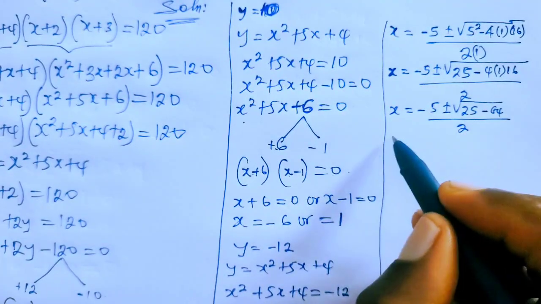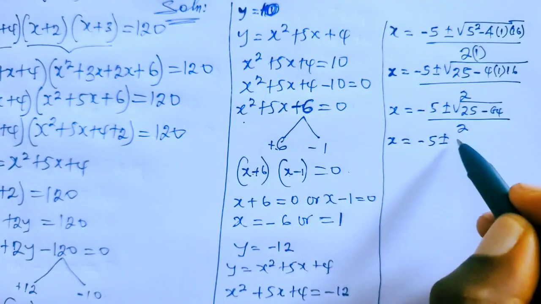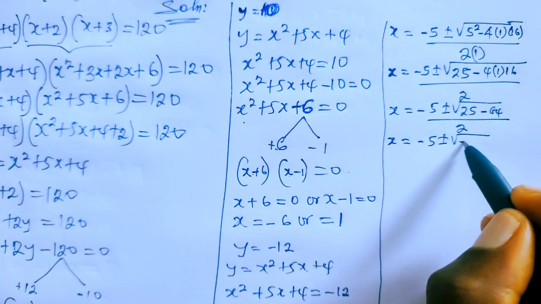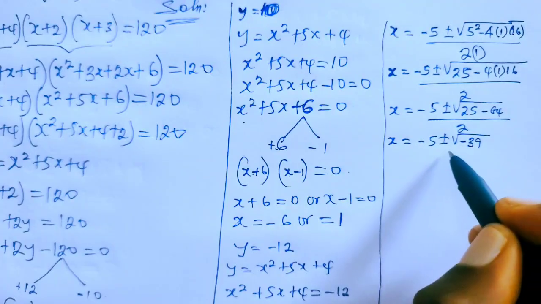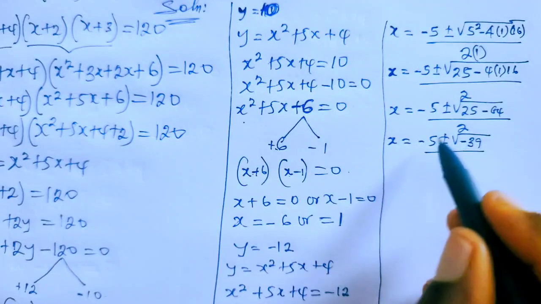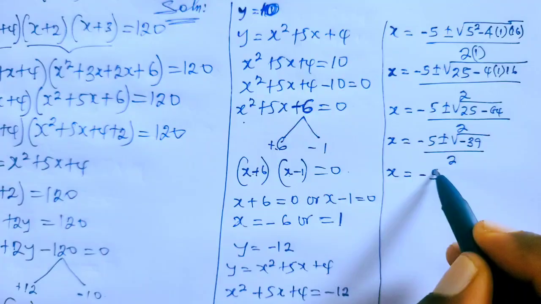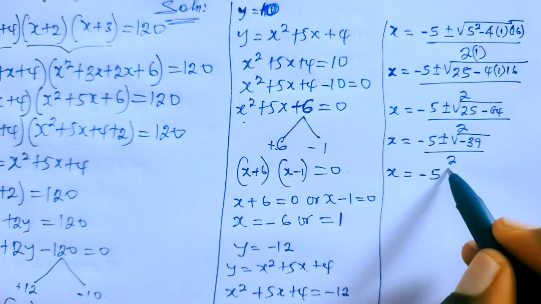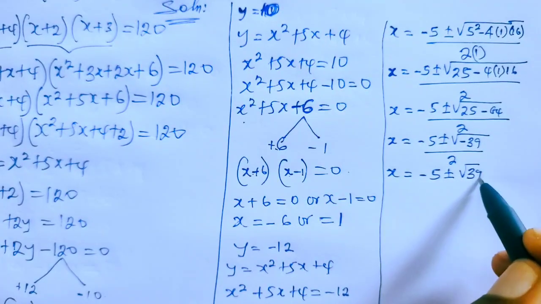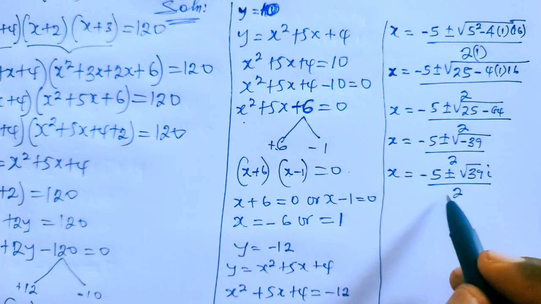Then x equals minus 5, plus or minus square root of 25 minus 64, that will give us minus 39, all over 2. This can also be expressed as x equals minus 5, plus or minus square root of 39 i, divided by 2, and this is the value of x.